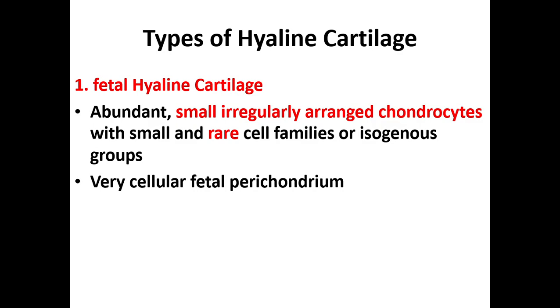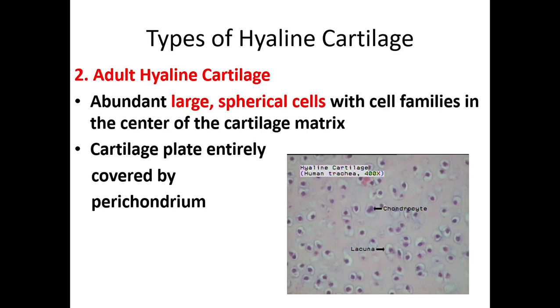For a fetal hyaline cartilage, the cartilage cells are small, irregularly arranged chondrocytes with small and rare cell families or isogenous groups. But they will have a perichondrium which is very cellular in nature.